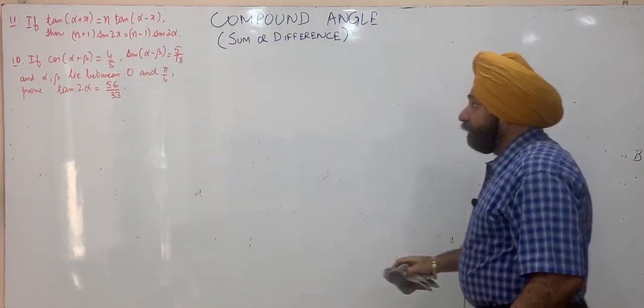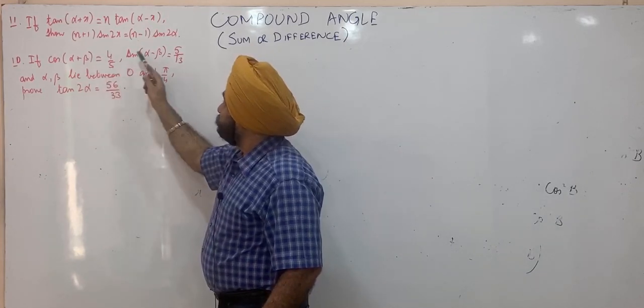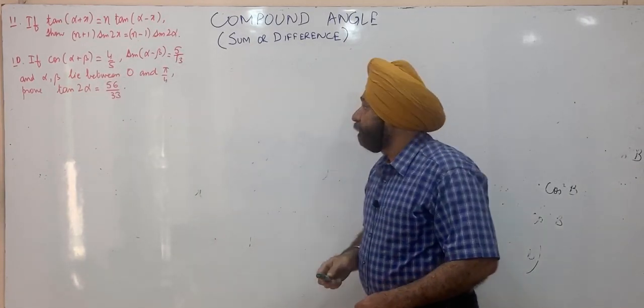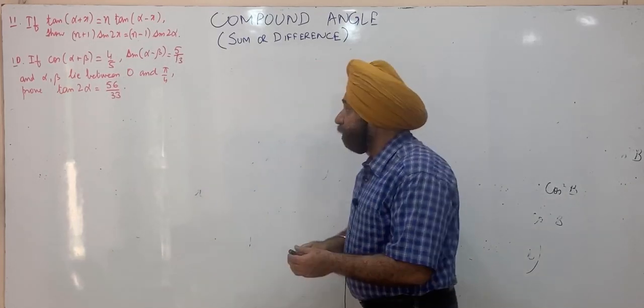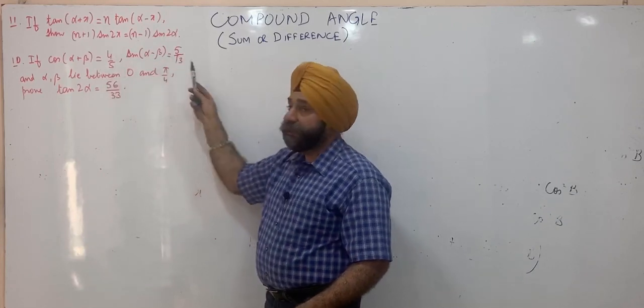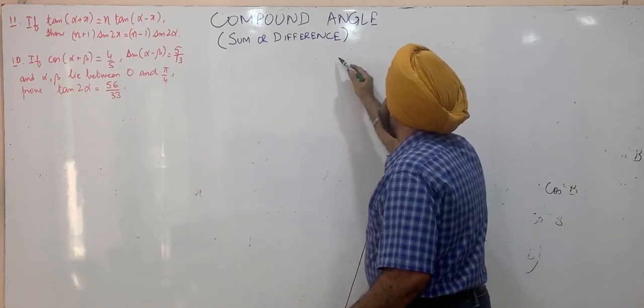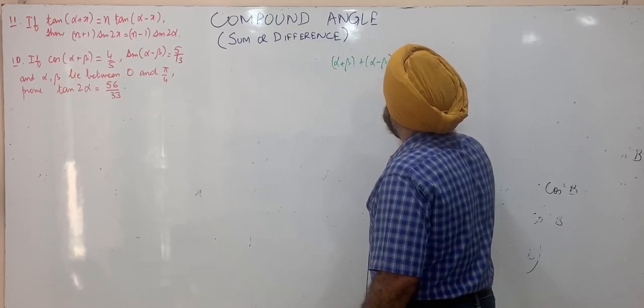So observe that the constituent angles are alpha plus beta and alpha minus beta, and the compound angle which we have to find out is 2 alpha. So how do we get 2 alpha from alpha plus beta and alpha minus beta? If I add alpha plus beta and alpha minus beta, it's 2 alpha.